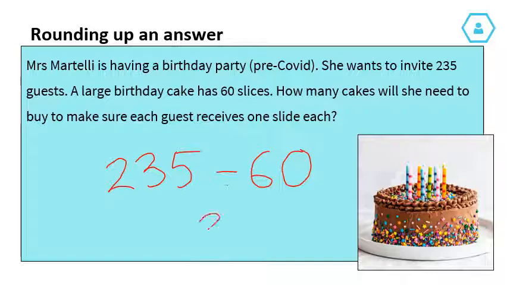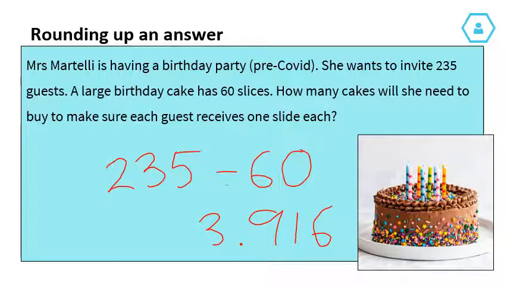Actually, it gives me 3.916. Yep. Now, if I go to the cake shop, I can't go, oh, can I have 3 cakes and 0.9 of a cake as well, so 90% of 1 cake. Generally, cakes are sold as a whole item.